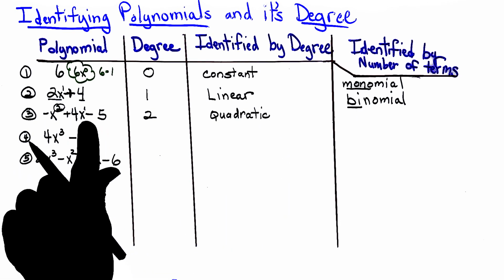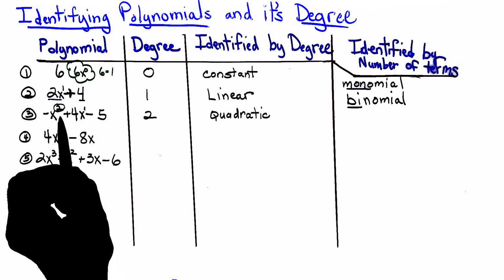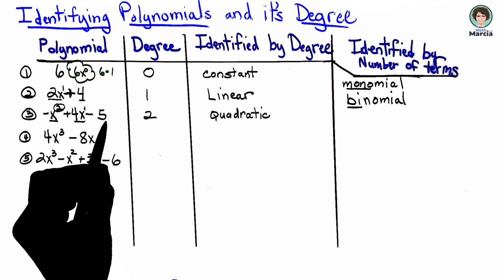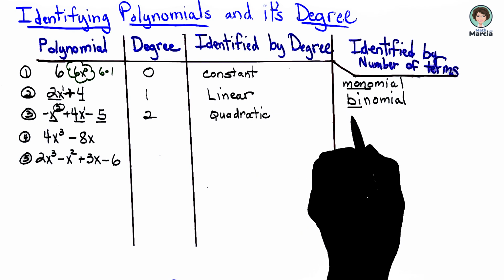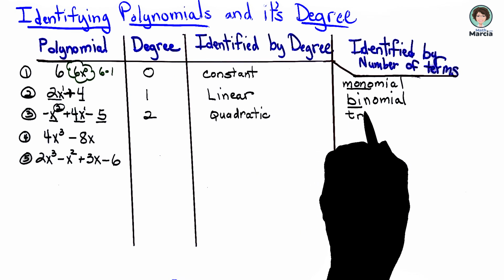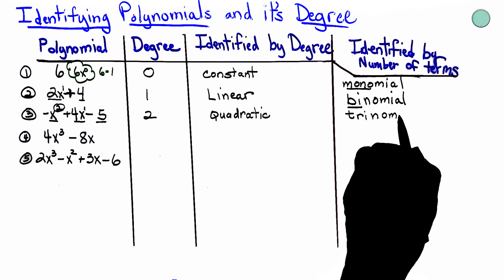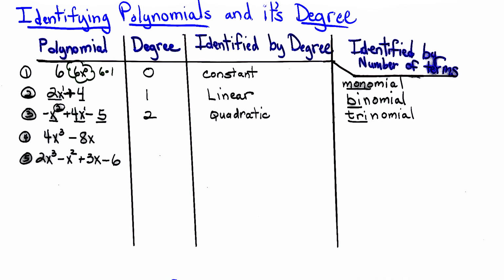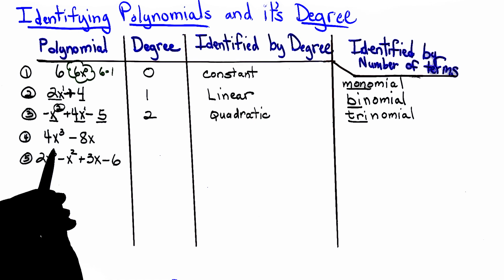This is a quadratic because of the x squared. How many terms does it have? It has 1, 2, 3 terms. So we are going to call it a trinomial. Like triple, tri.